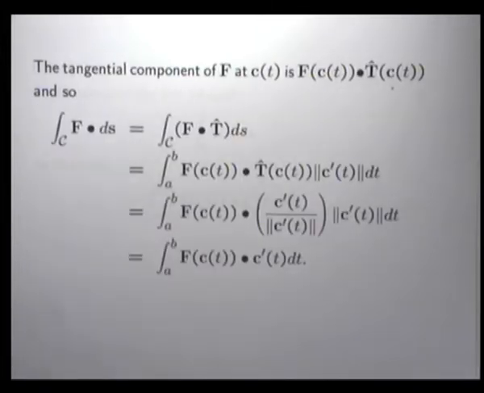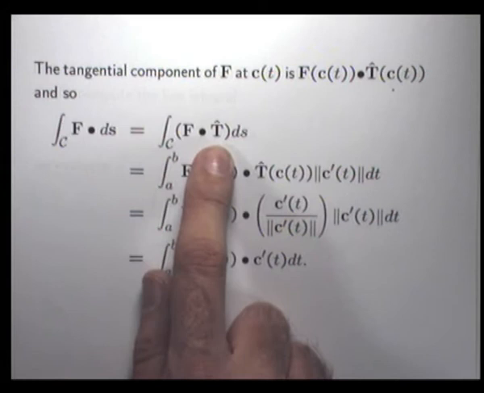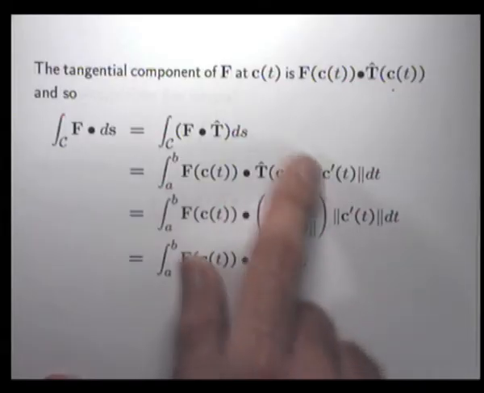So how do we actually compute this line integral? What's the actual computation involved? Again, glad you asked. From here to here, this is just the definition of the line integral. Now, the tangential component of F along C of t is just this dot product, so I'm going to replace what's in brackets here with this.